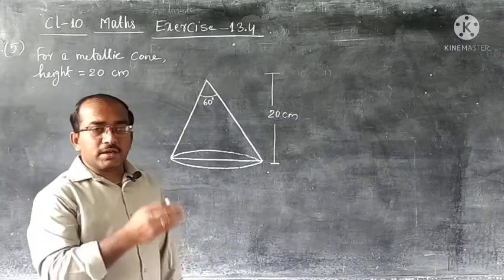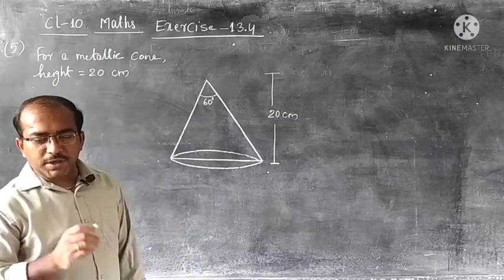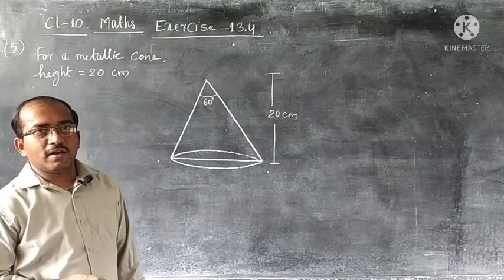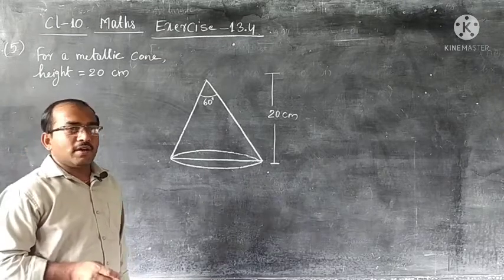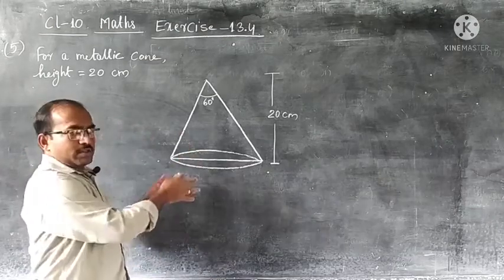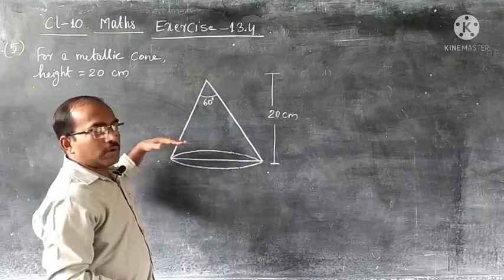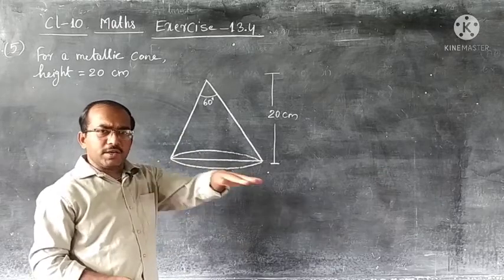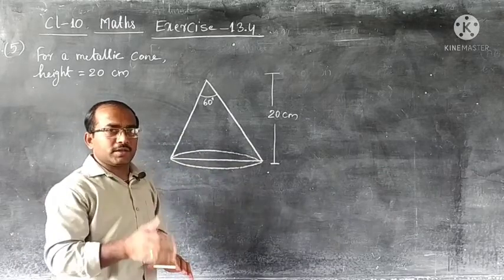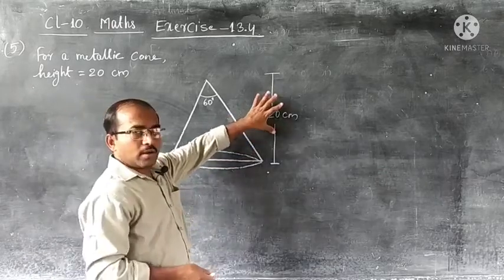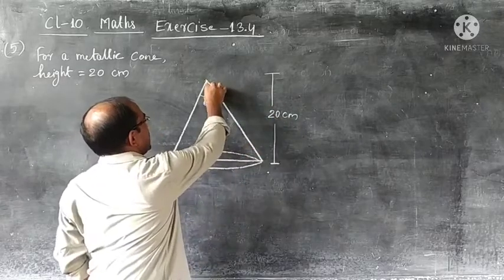This cone is cut into two parts at the middle of its height. Now, let us see. This is the cone we have, and you are asked to cut this cone from the middle of the height. So this height is 20.